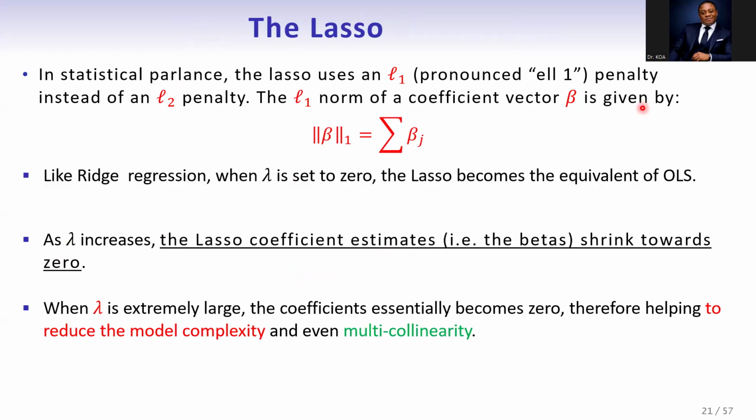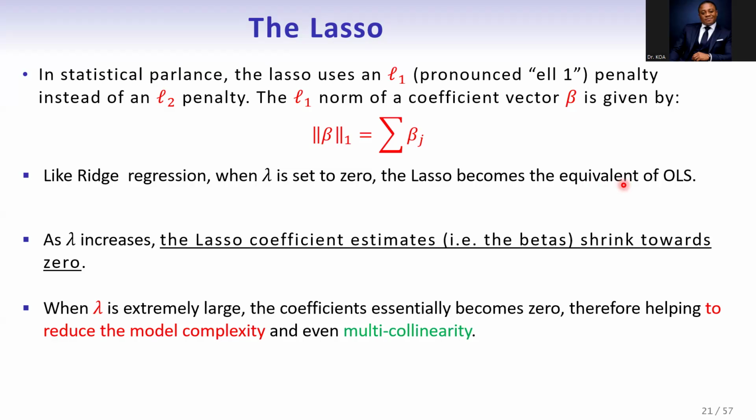Now, like the ridge, the lambda in the lasso can be set to 0. Whenever it is set to 0, it becomes the OLS regression. Then as it increases, the coefficient estimates will shrink towards 0. When it is very large, the coefficient will become 0.